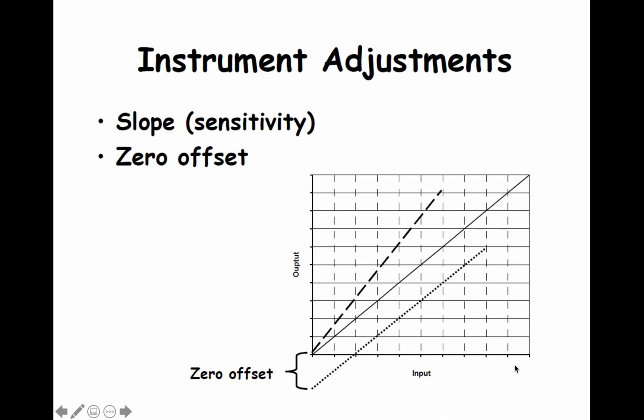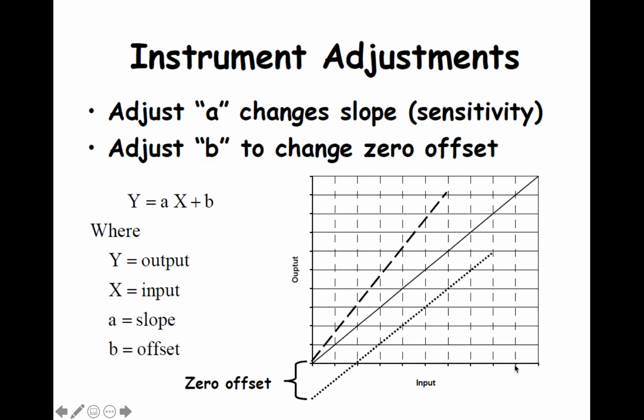Several key terms include slope, which is the sensitivity, and zero offset, which moves the entire curve up or down. When we adjust an instrument, we can usually adjust the sensitivity A and the zero offset B in a linear relation Y equals AX plus B.